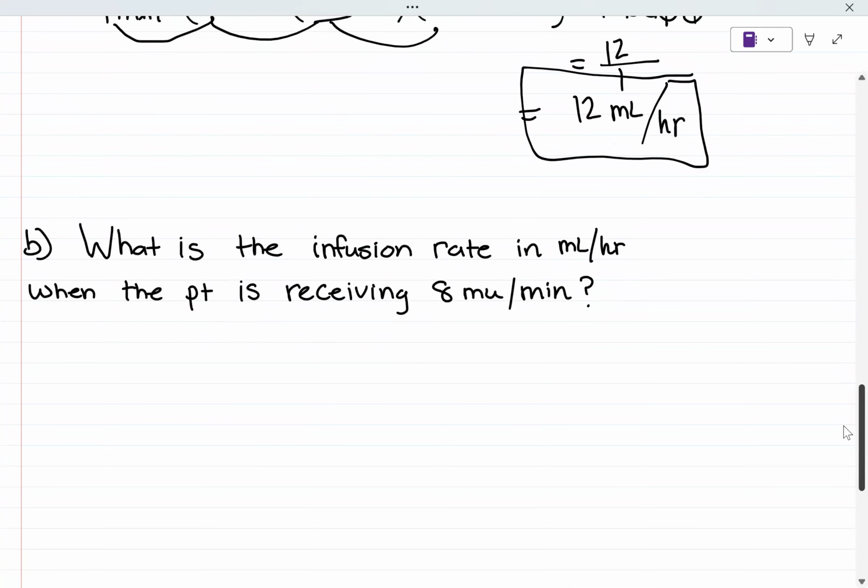Part B says, what is the infusion rate in milliliters per hour when the patient is receiving 8 MU per minute? Your final answer has to be in milliliters per hour, otherwise it's wrong. So we're going to do dimensional analysis again. This time they tell you to start with 8 MU per minute.